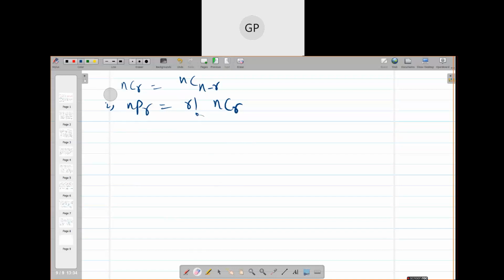Now we will see special cases in permutations and combinations. So the first case is, it can be considered as a theorem.